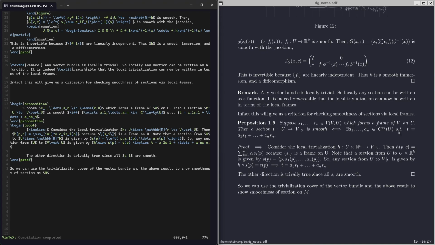Now let's start a very interesting topic. Again, another interesting topic. It is called the vector field. So vector fields: these are basically sections on tangent bundles, right? So let M be a smooth manifold.